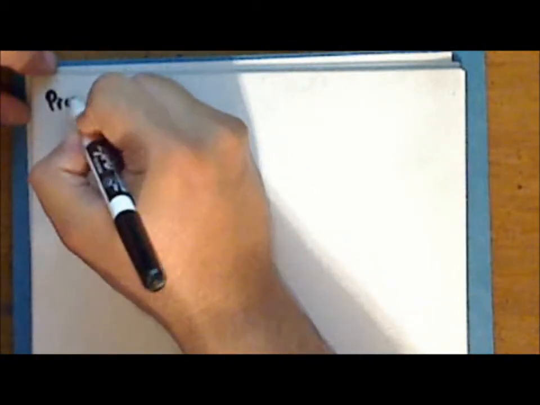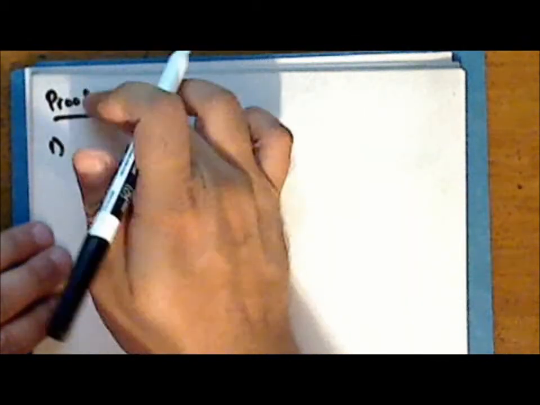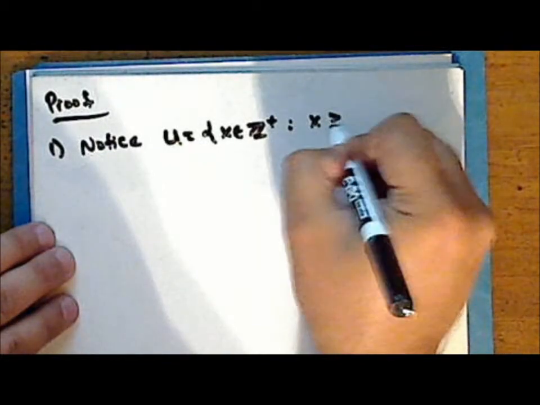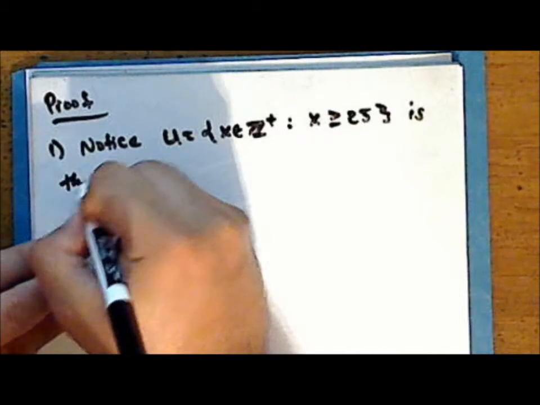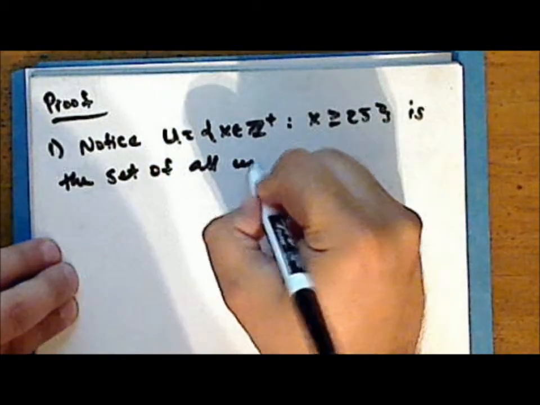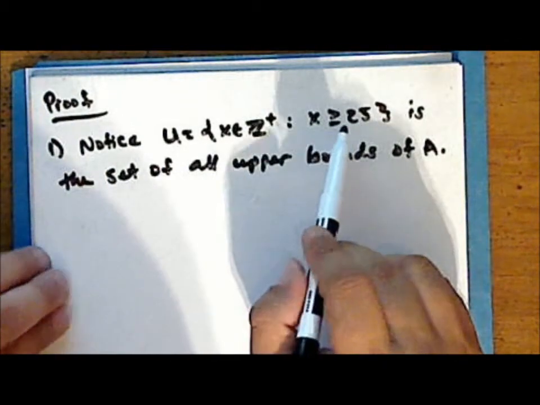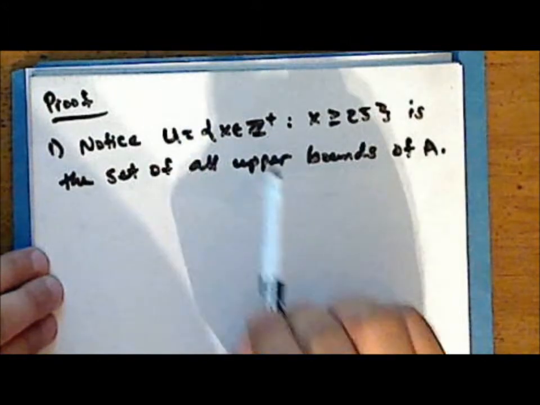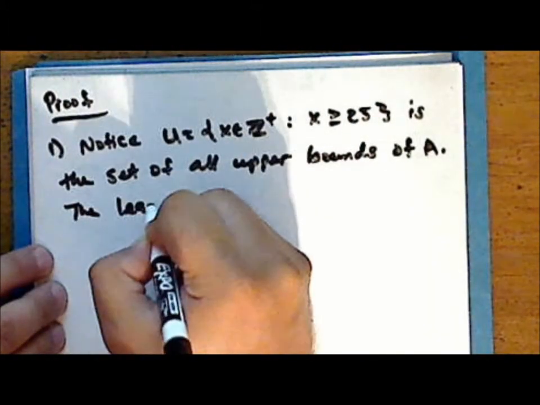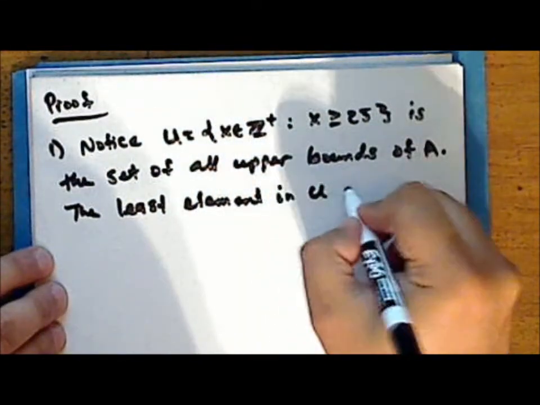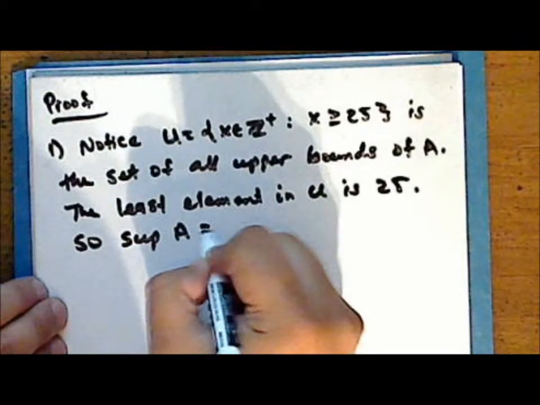So proof. Considering the set A as a subset of the positive integers with the relation less than or equal to, notice that the set U, consisting of all positive integers x such that x is greater than or equal to 25, is the set of all upper bounds of the set A, since any element in the set A is less than or equal to an element in the set U. The least element in the set U is 25, and so the supremum of the set A is 25.